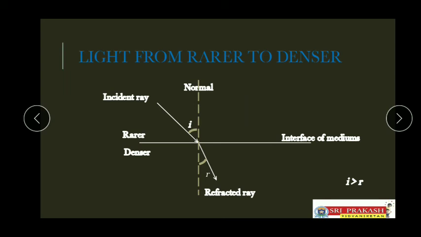When a light ray travels from rarer medium to denser medium, it is going to bend towards the normal. Let us see the other case. When a light ray travels from denser to rarer, how does it take place?